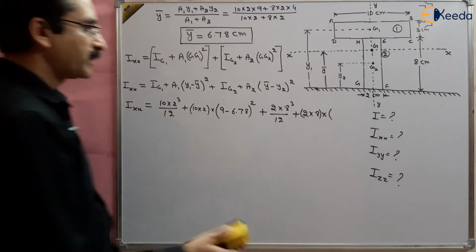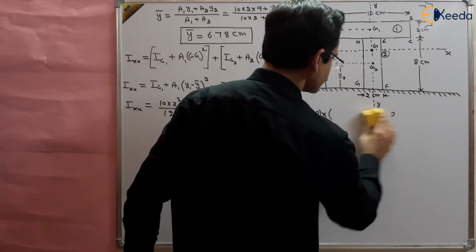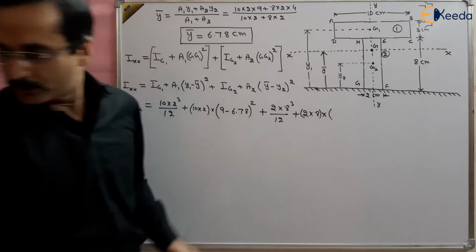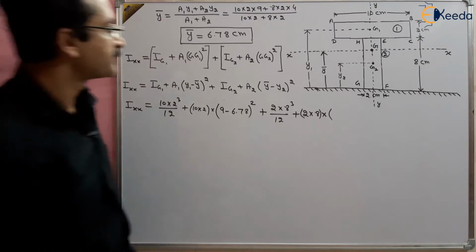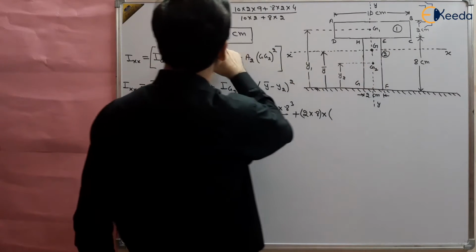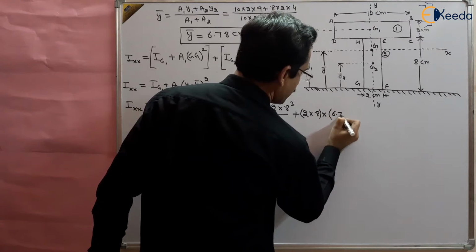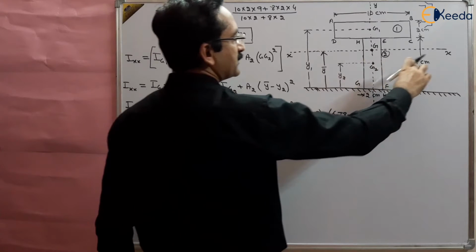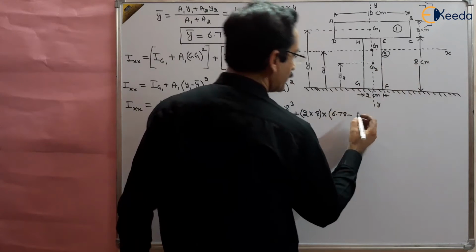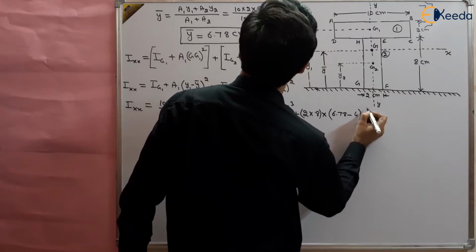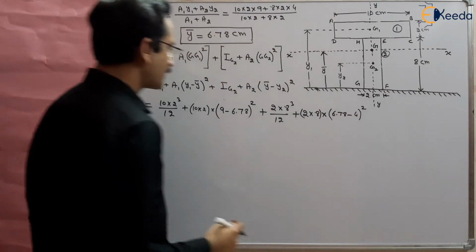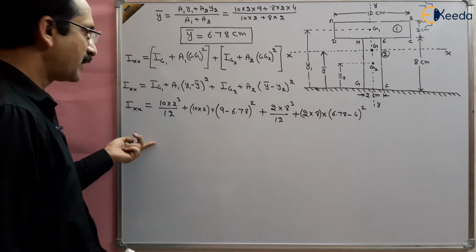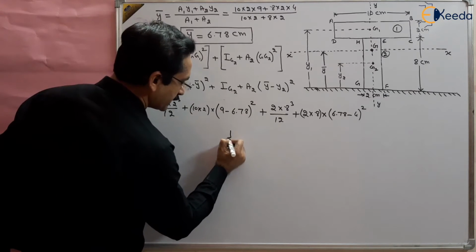So what is y bar minus y2? y bar is 6.78 minus y2, and y2 is 8 by 2, that is 4. Now just the calculation is left, and you can find Ixx.